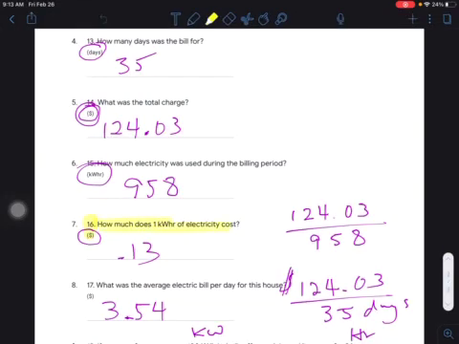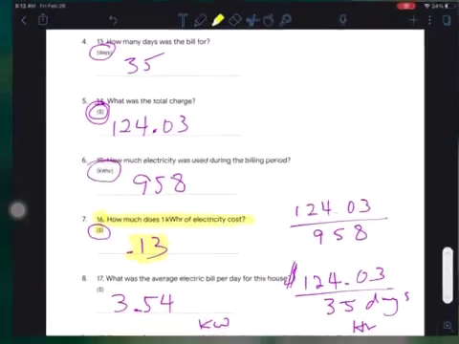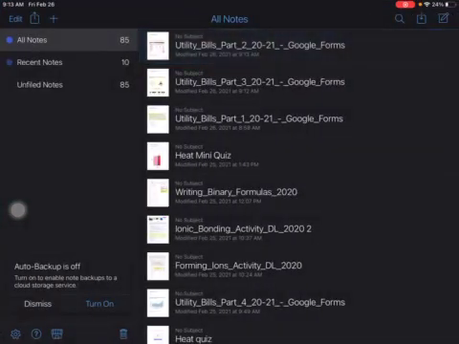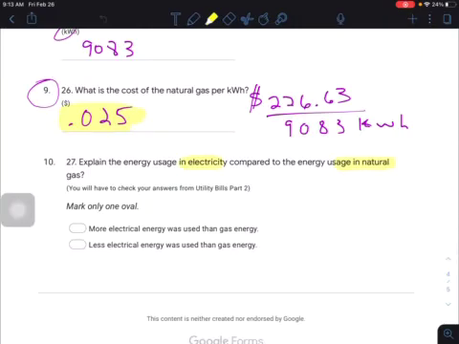The cost per kilowatt hour for electricity was 13 cents per kilowatt hour. So the comparison between the two, 13 cents per kilowatt hour for electricity compared to natural gas was 0.025.